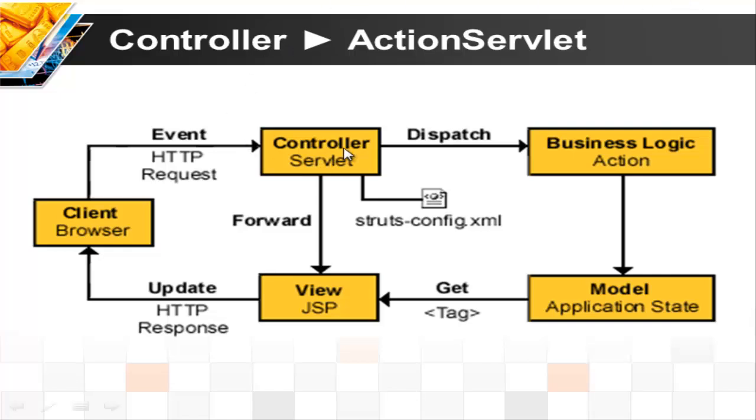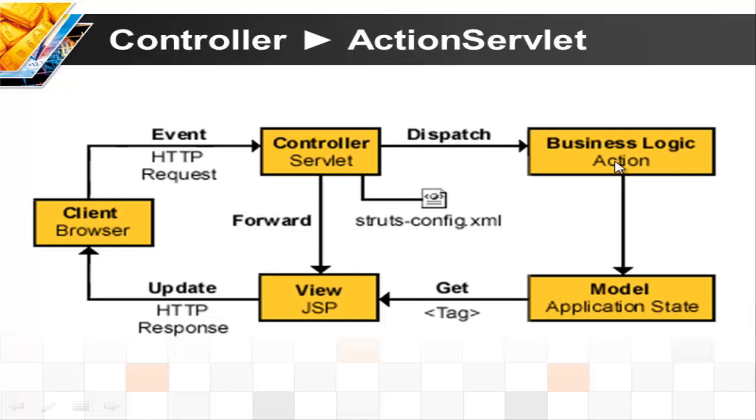So this is how it goes. When you start the application, when you start your Struts, the first thing that happens is this servlet, that is your action servlet, reads the information which is there in the struts config. Whenever a client makes a request, because it has already read this information and it is there in its memory, it is able to figure out which is the appropriate action that is supposed to handle such a request.